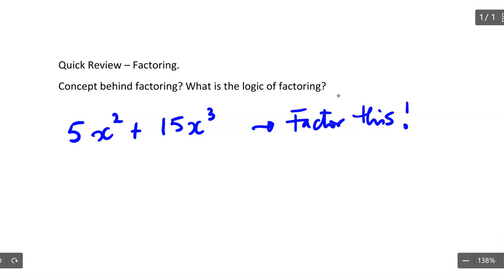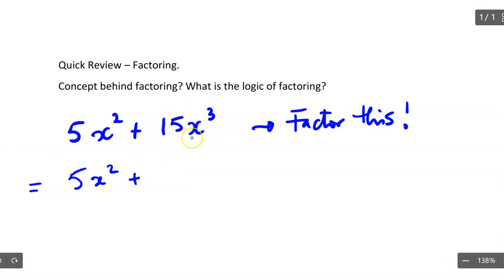It appears easy for everyone, and you can do it in a split second. You probably tell me right away that it's 5x squared times the bracket 1 plus 3x. What I'm going to do next is write it like this: 5x squared, and for the 15x cubed I want to pull the common factor out.